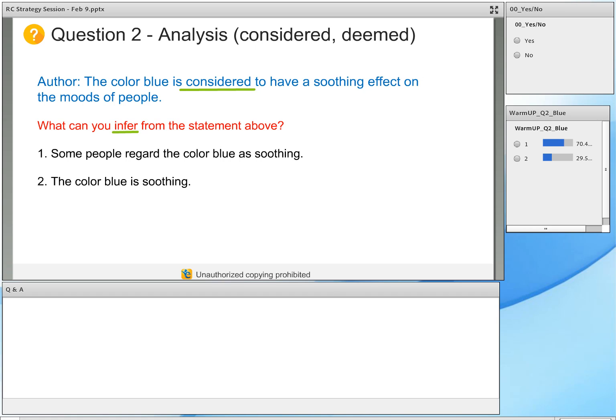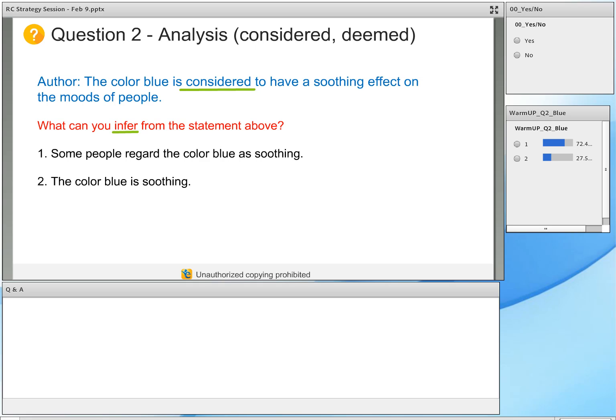When the author says that the color blue is considered, what he means is that some people regard color blue as soothing. He's not saying that he thinks, or that everybody thinks, that color blue is soothing. He's just saying there are some people who think that color blue is soothing.